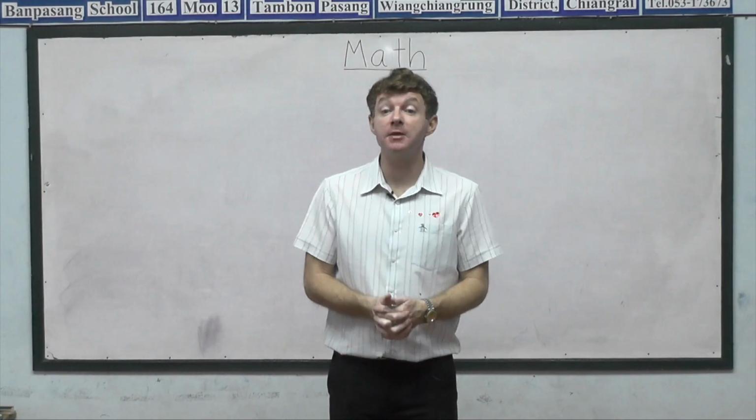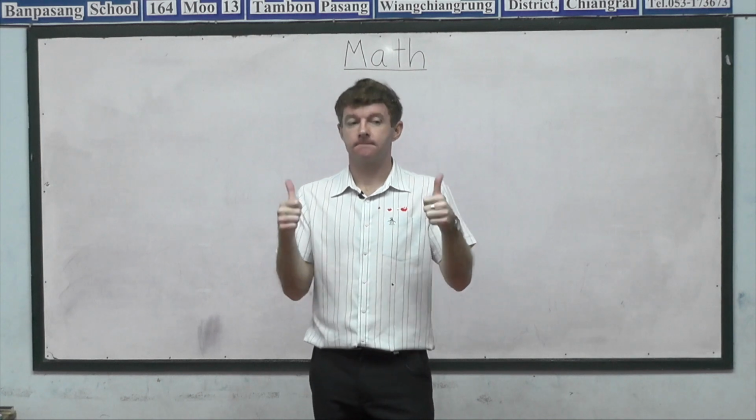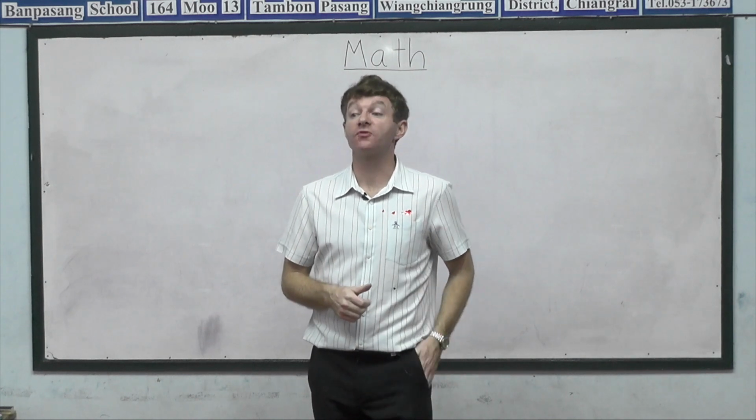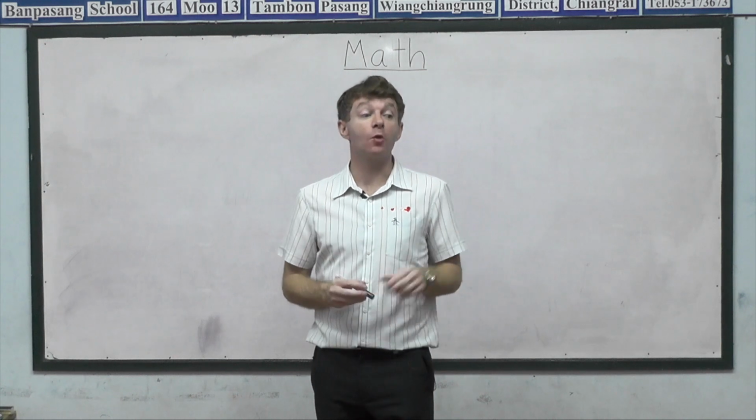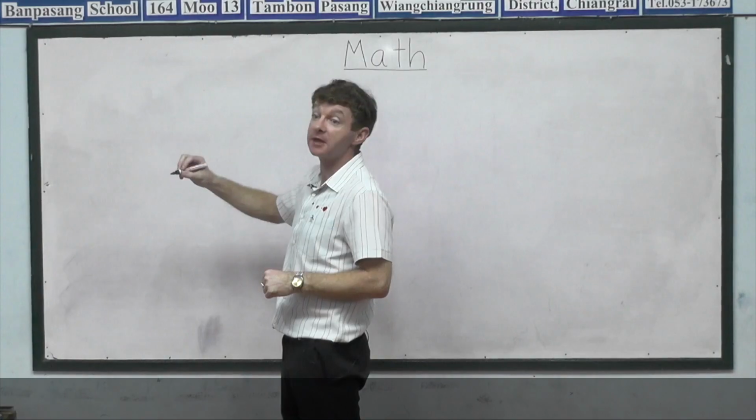So who can tell me what we've been learning about in math class recently? Multiplication. And we're going to continue learning today. We're going to do our review. So first of all, how do we spell multiplication?